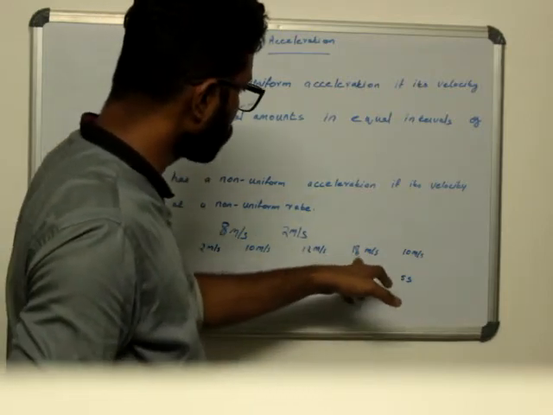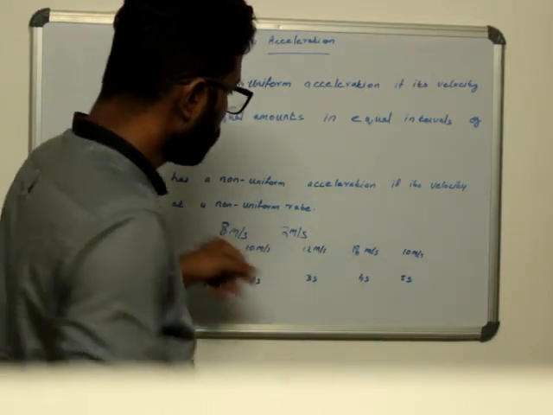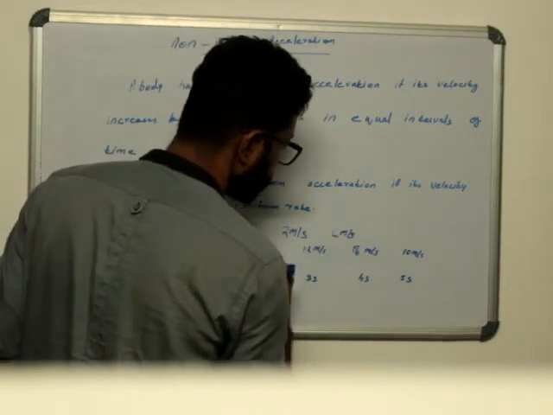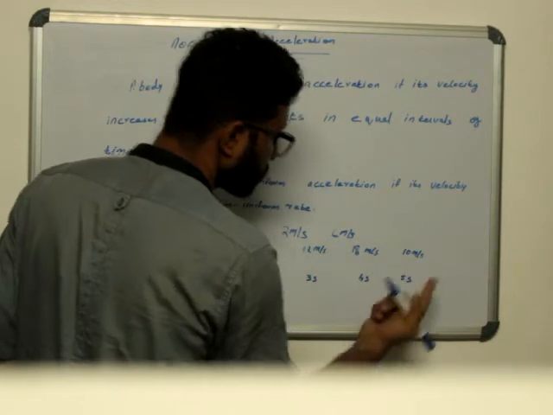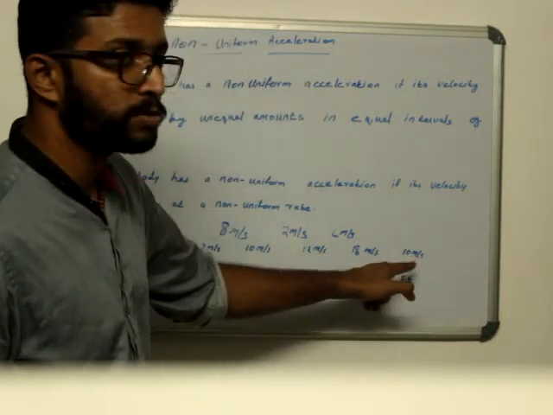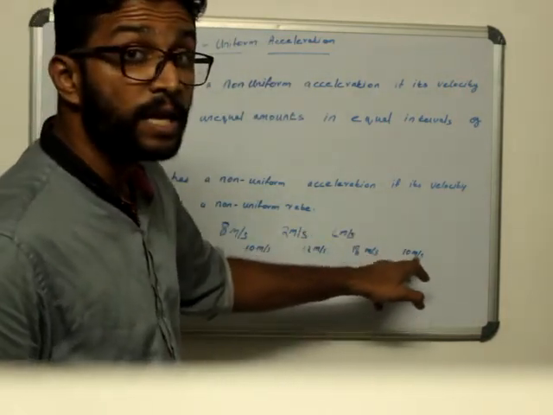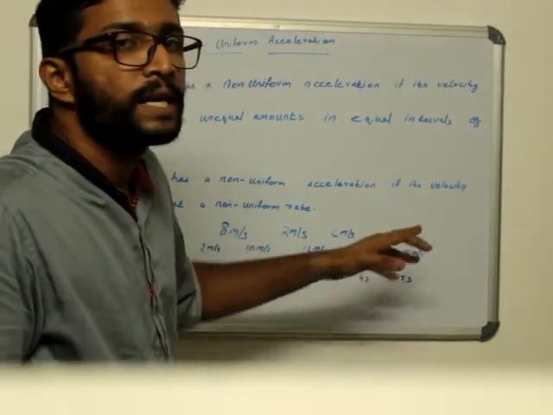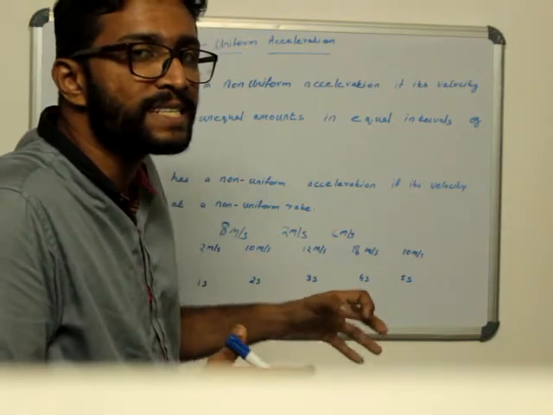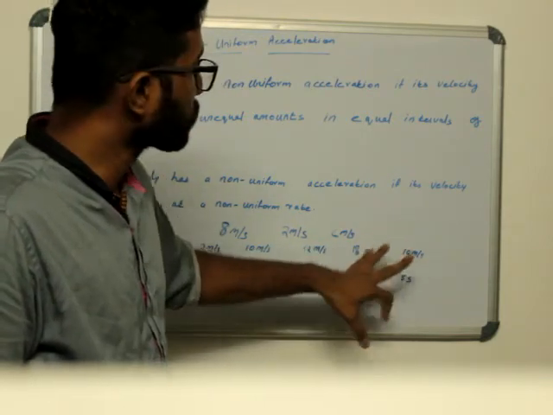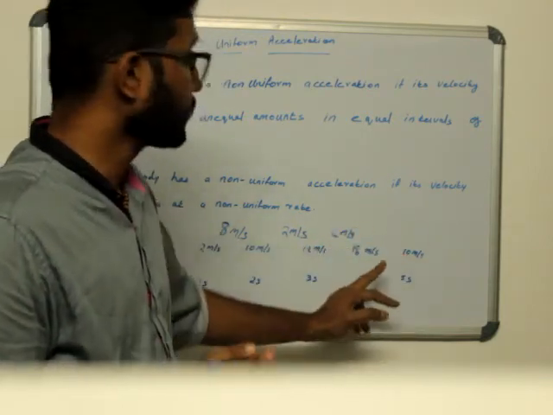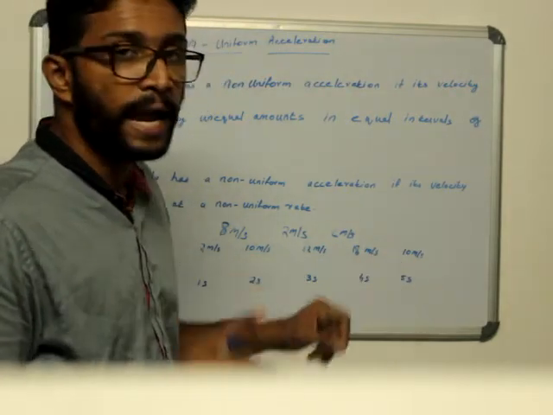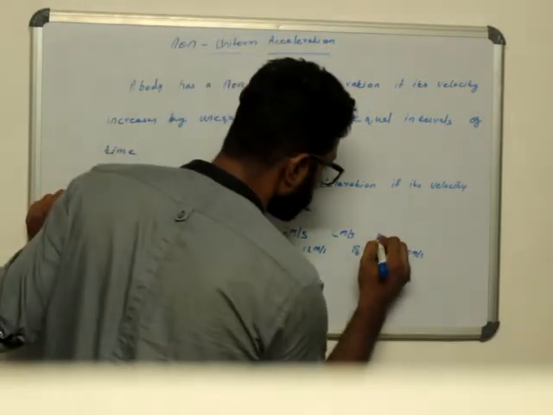Now here the change in velocity is 6 meters per second. And here there is a retardation. From 18 meters per second, the velocity has reduced to 10 meters per second. So the change in velocity is minus 8 meters per second.